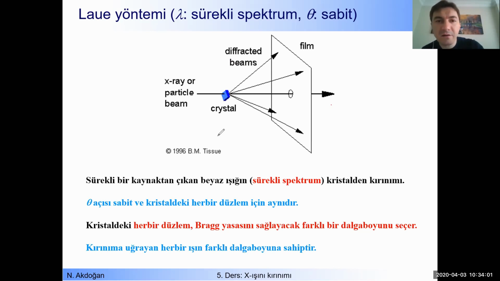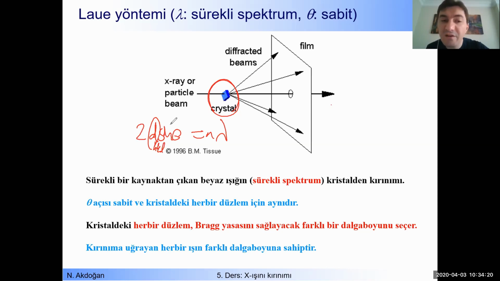So here, let me remind you, Bragg's law, 2d sinθ equals nλ. Within that crystal, we have different d values depending on the HKL, depending on the planes of the crystal. Here on the right side, that X-ray source is not monochromatic; it provides a continuous spectrum, many wavelengths.